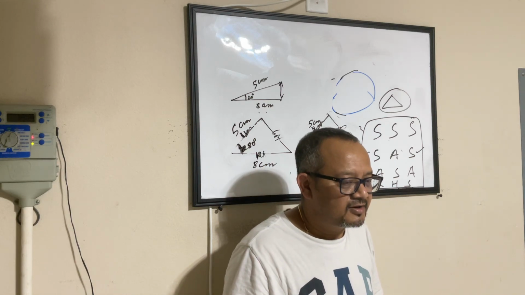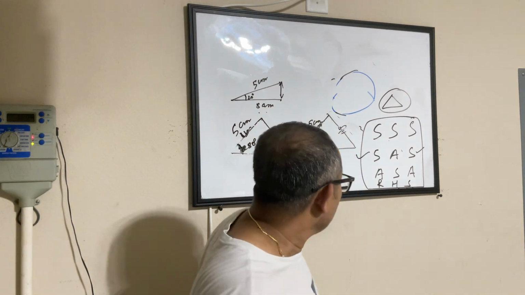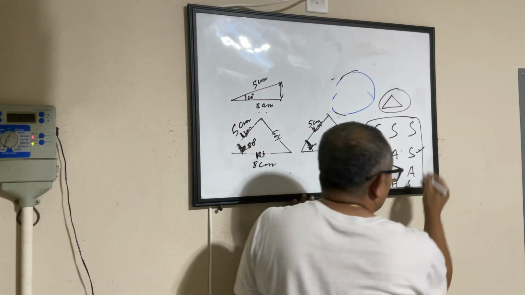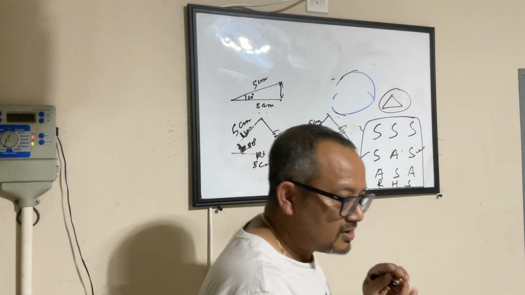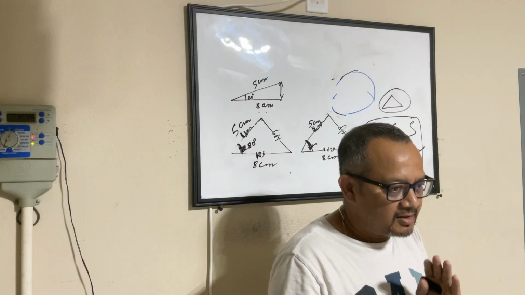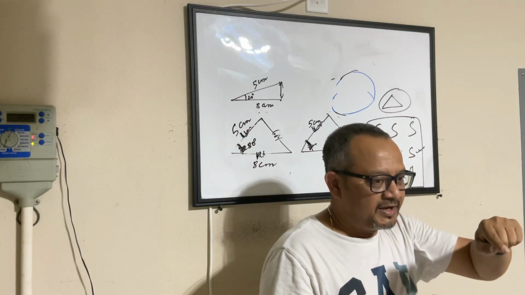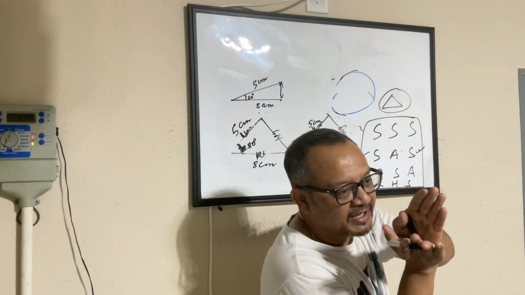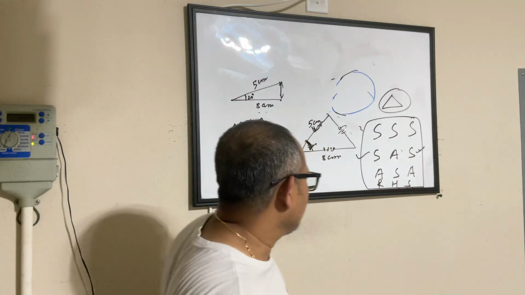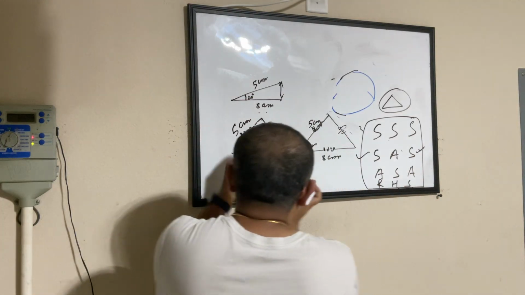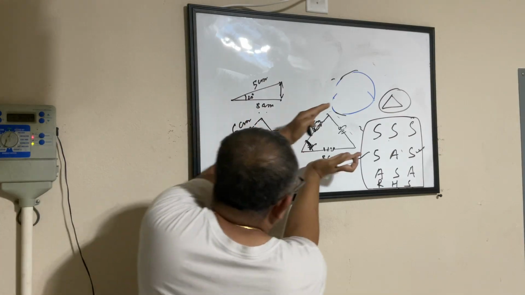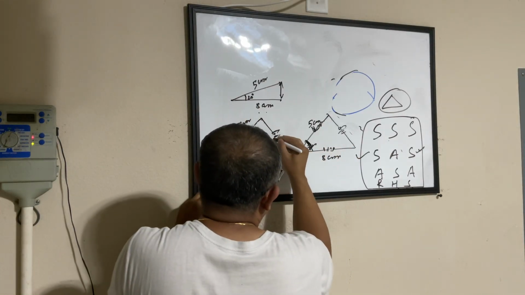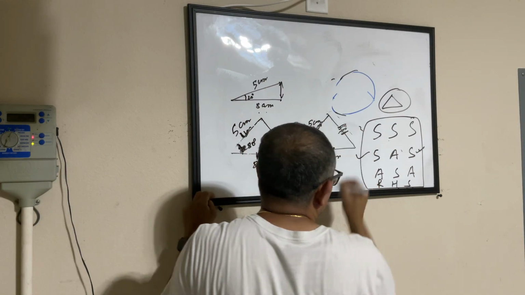So this SAS here is like the matching should be the sides and the angle between them. Okay? So now, what happened? When the two sides and the angle between them were the same, then this one is also the same as this one.